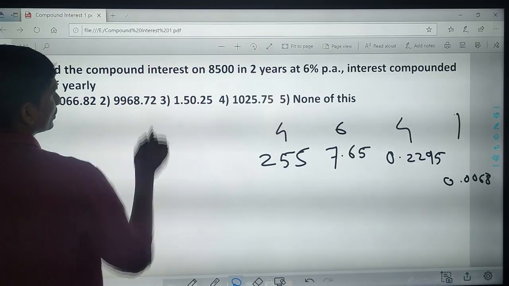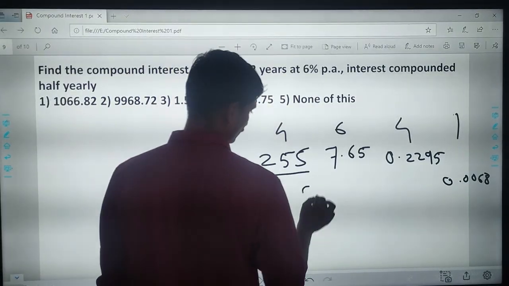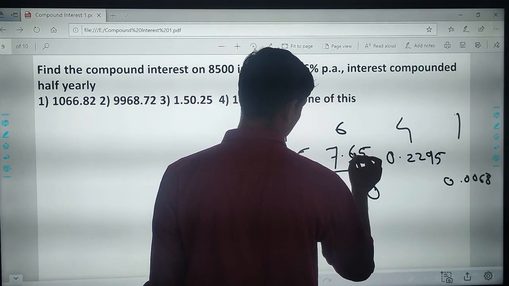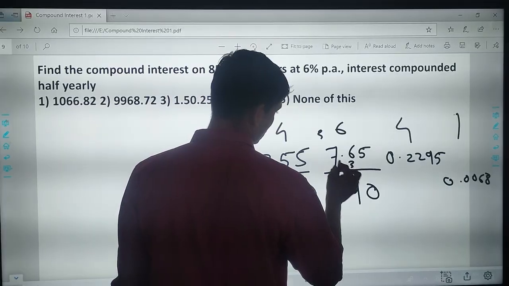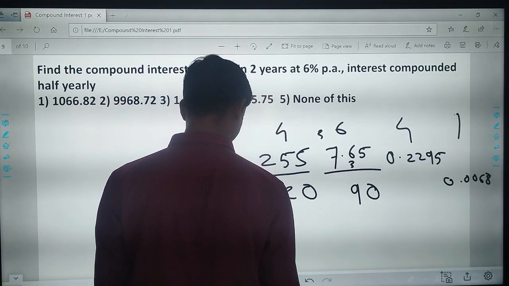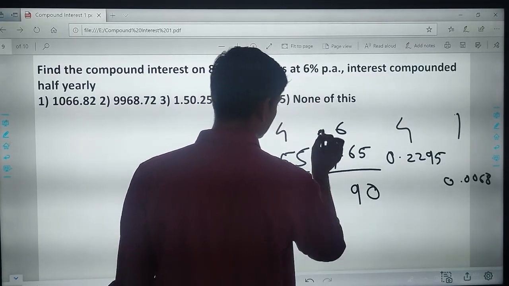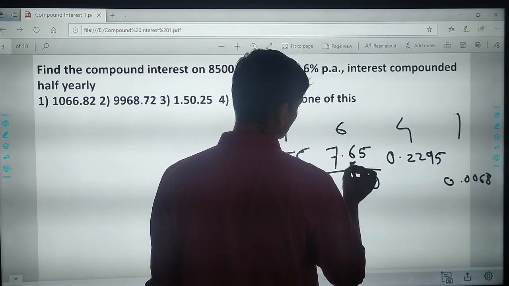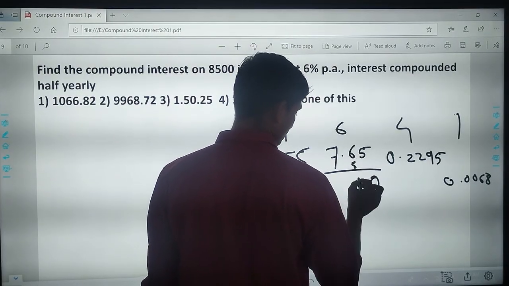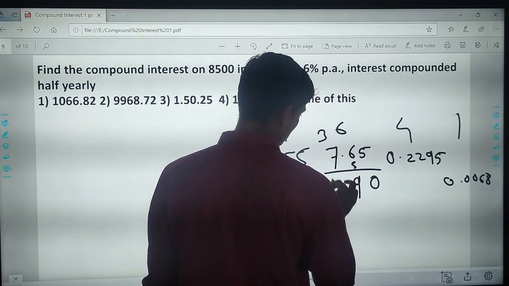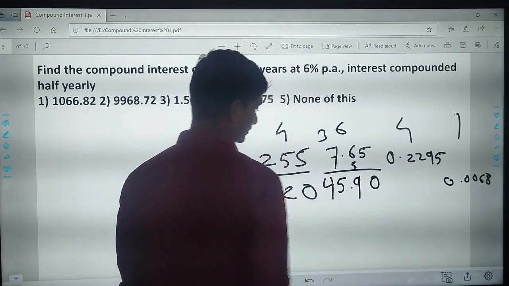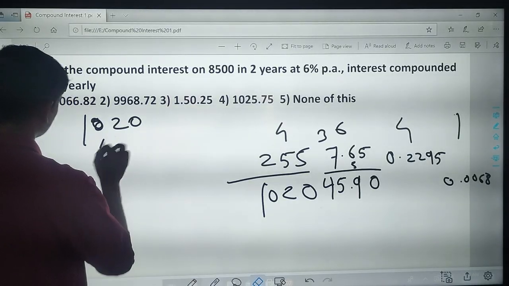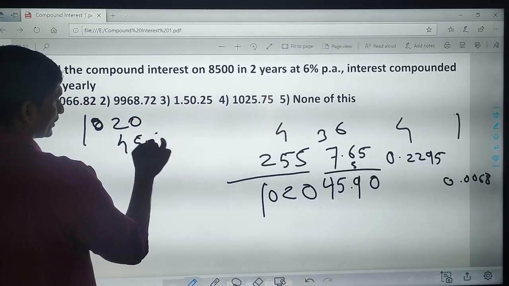We get compound interest for 2 years. Then cross multiplication is 1020, 45.90.